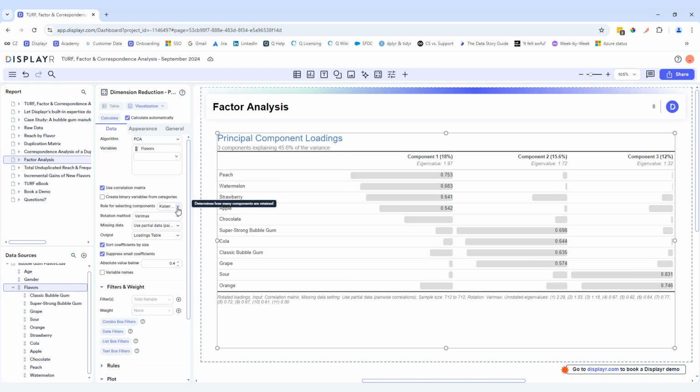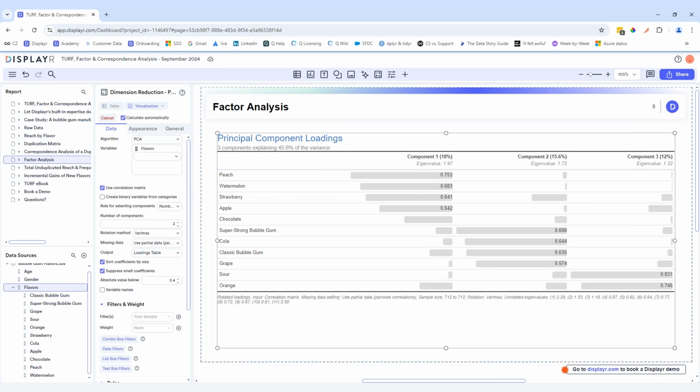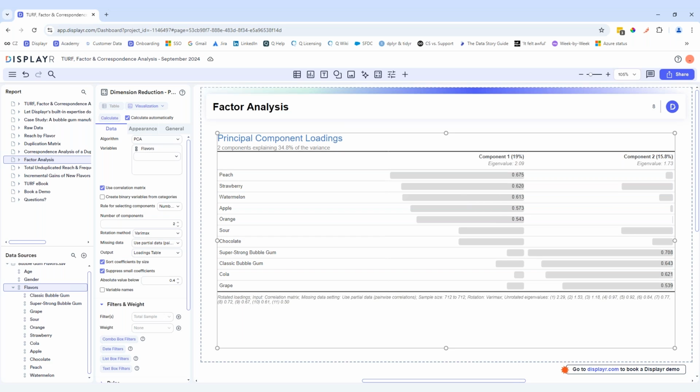Instead of using the Kaiser rule to work out the number of components, I'm going to manually state the number of components, and we'll start with 2. With 2 components, we basically get the same result as the correspondence analysis. We have a traditional component, a fruit dimension, and sour and chocolate are somewhere in between.